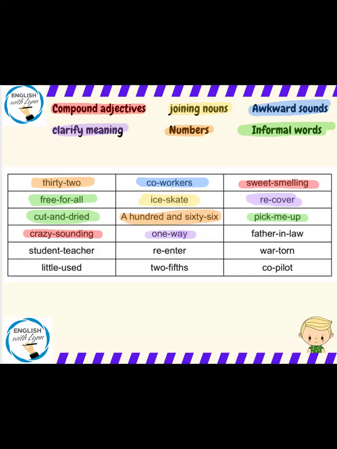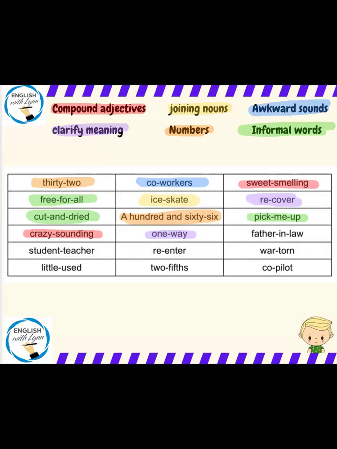Okay. And then the next one, those of you that were wide awake a minute ago will have noticed this word, father-in-law. I am joining the words together to make one noun. Okay, so it could be father-in-law, mother-in-law, sister-in-law.